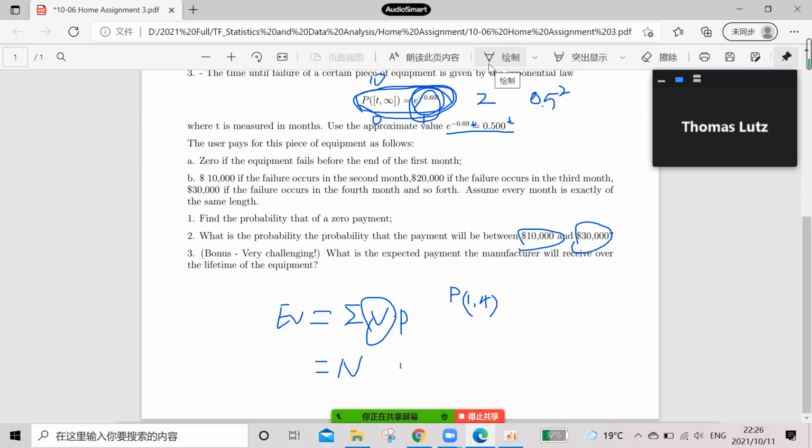Yes. So if we're looking for 0 to 4, then we need to do 1 minus that formula, 0.5 to the 4, right? Yes. Okay. And so for a payment to be between 10,000 and 30,000, it's between 1 and 4. So we're doing the difference, right?